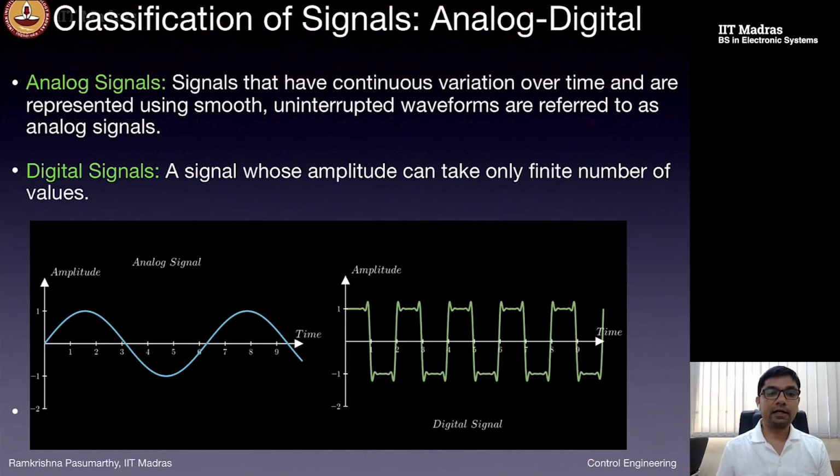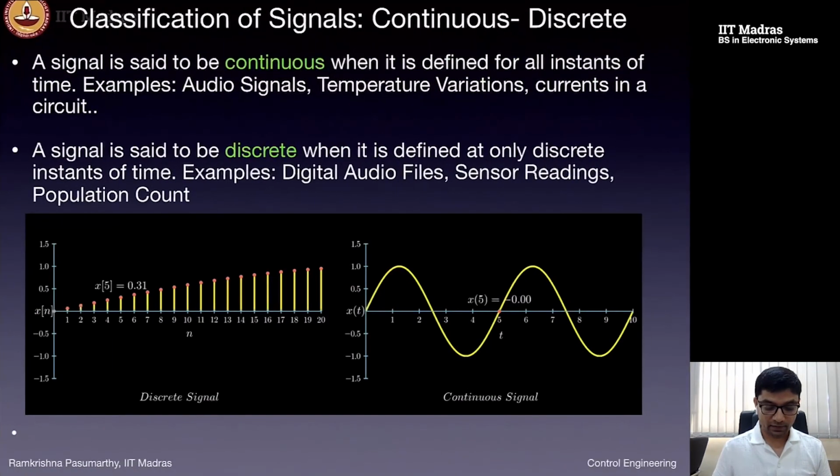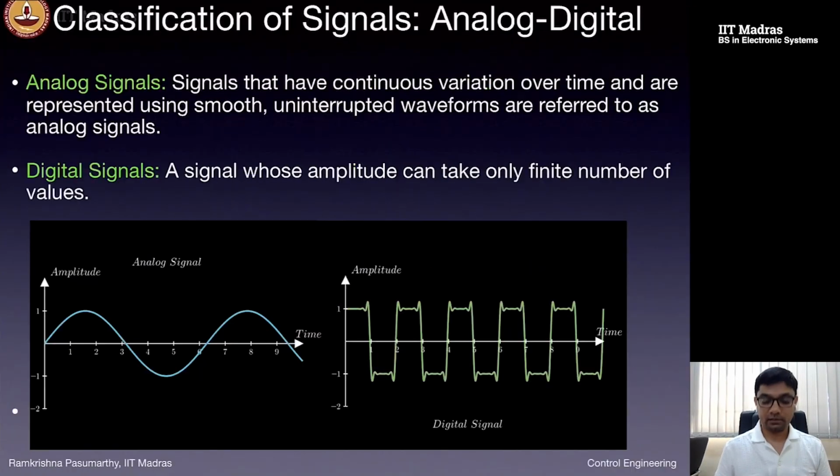However, it's nice to recall what we had done in our signals course. We have analog signals, which have continuous variation over time and are represented using smooth, uninterrupted waveforms. Digital signals are those whose amplitude can take only any finite number of values.